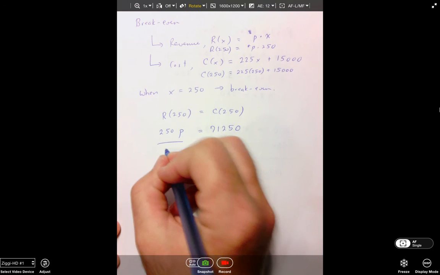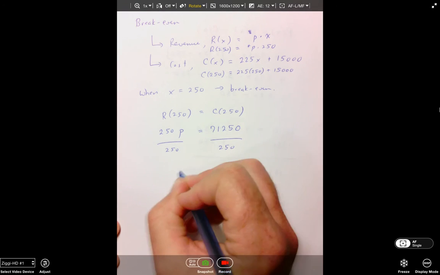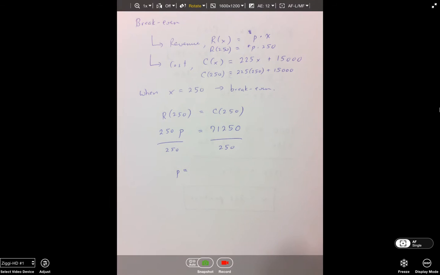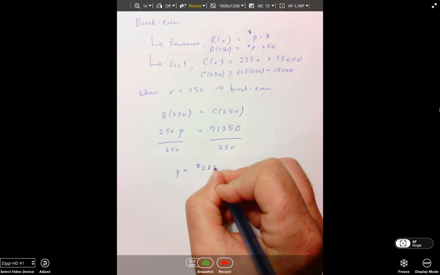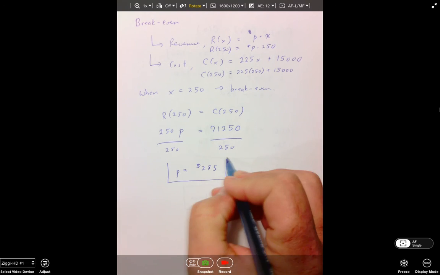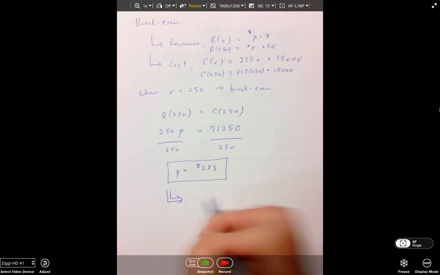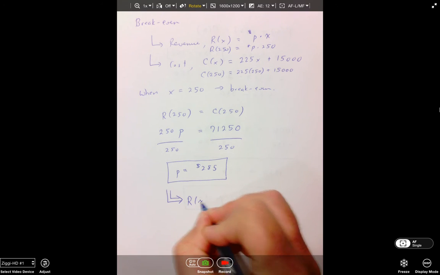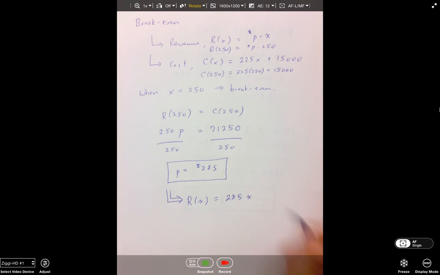So I can divide both sides by 250. And the price the unit was sold at was $285. Guys, from here I know without question that my revenue function had to be 285 times x.